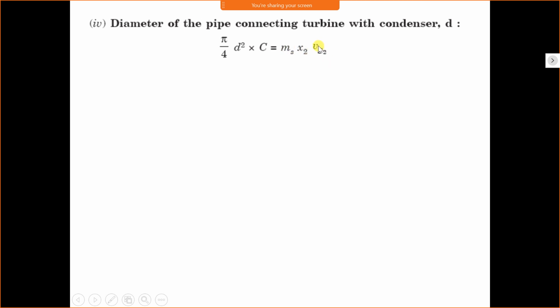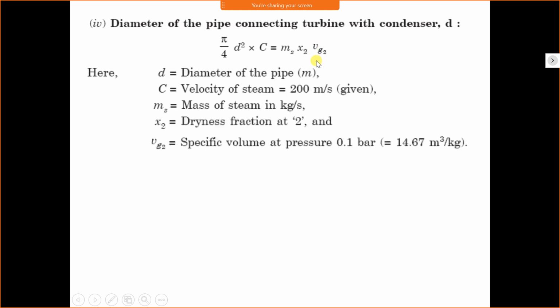Specific volume of steam coming out of the turbine. But steam coming out of the turbine is wet. Therefore, we multiply that specific volume with x, and we know the value of x, that is 0.9. Here the velocity is given, mass of steam is known to us, that is 10,000 kg per hour, x2 is given, and Vg we will take at point 2 from the steam table.